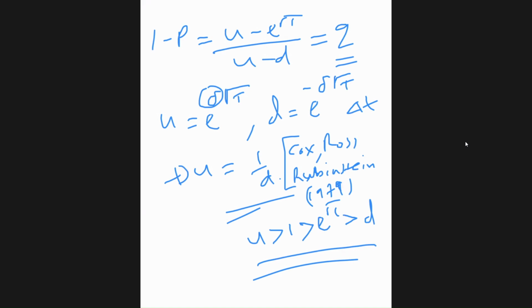So if time to maturity is 50 days, then delta T is going to be 50 out of 360. Are you getting? You express it as a fraction of a year, because volatility is annual, and interest rate is usually annual as well.